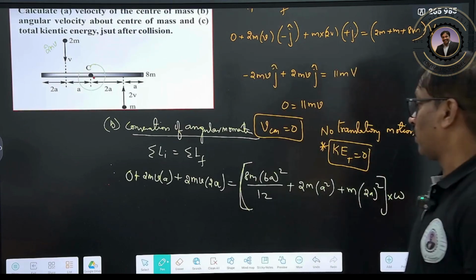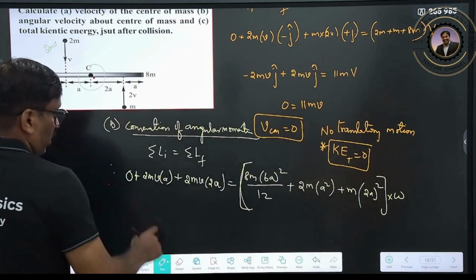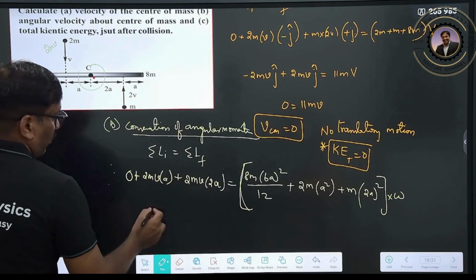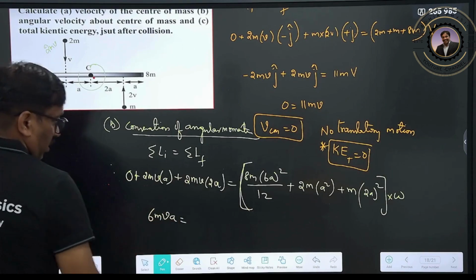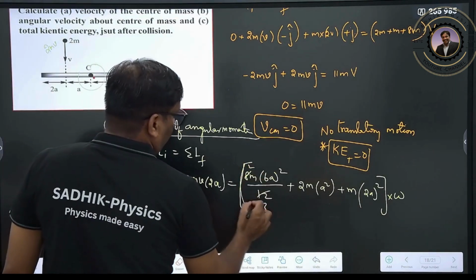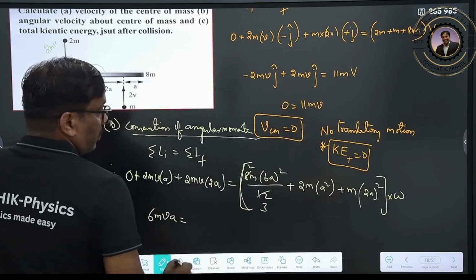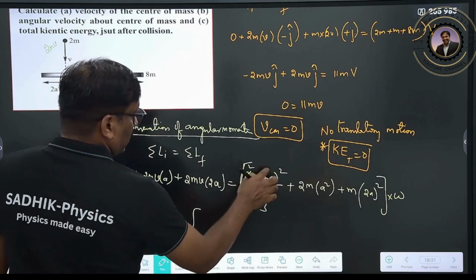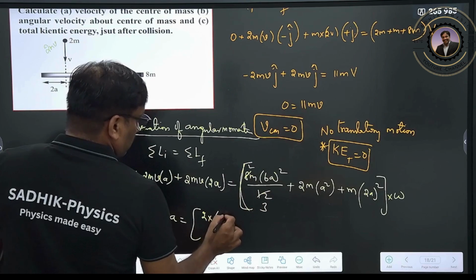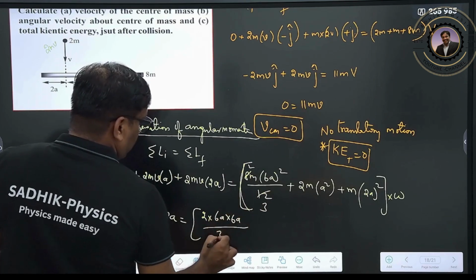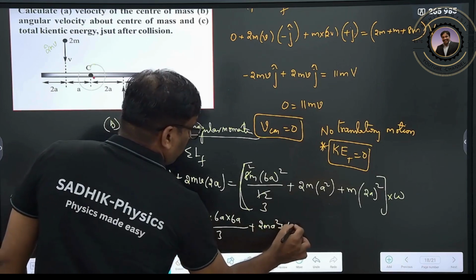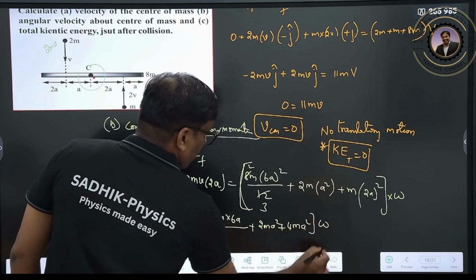Clear? So how much is this now? It will be 2mva plus 4mva, so 6mva, equal to, here 4 2s are 8, 4 3s are 12. So you can rewrite this as 8m into 6a whole square divided by 12, plus 2ma square plus 4ma square, into omega.